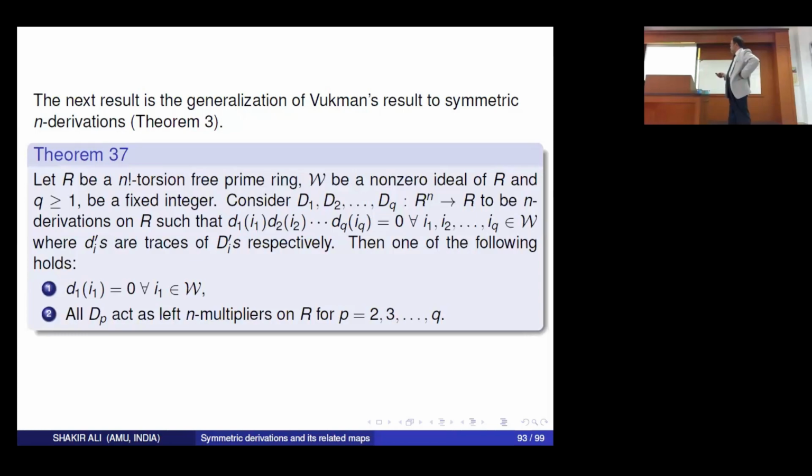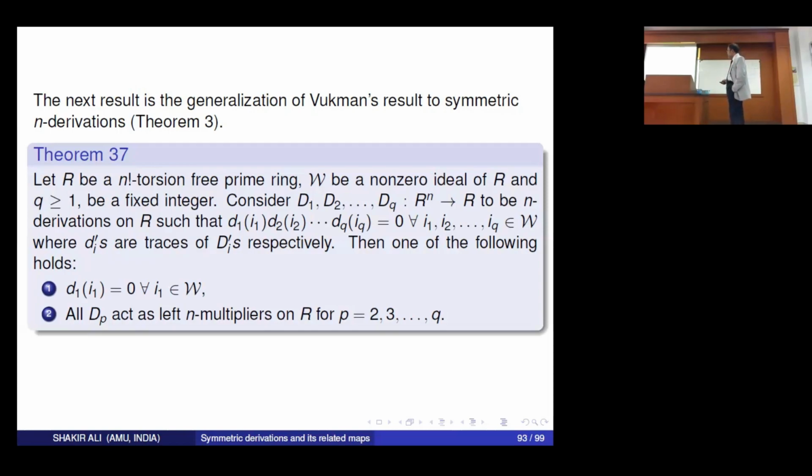And the second result is this, for symmetric n-derivations: let R be an n-torsion-free semiprime ring, and I be a non-zero ideal of R, q greater than 1 an integer. So d1, d2, dn are q-derivations on R, and this condition holds, where the di's are traces of the di's.